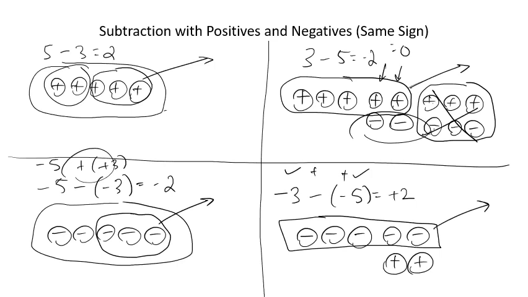Now, students might at some point see, hey, this is the same as adding the opposite, and that's better. I'm not going to say it's okay, but that's better because at least they're connecting it to something. It becomes a shortcut to a method that already has some meaning to it. I don't mind that too much. I'm not going to encourage it necessarily, and I'm not going to point it out.